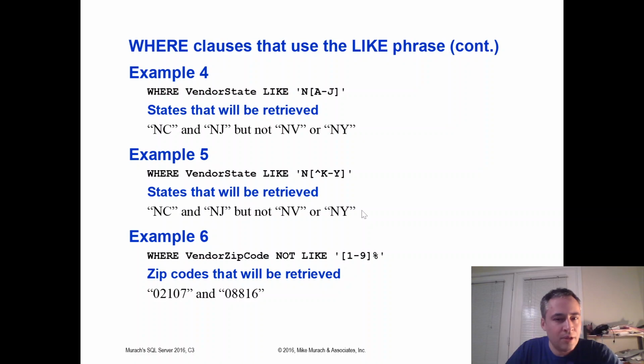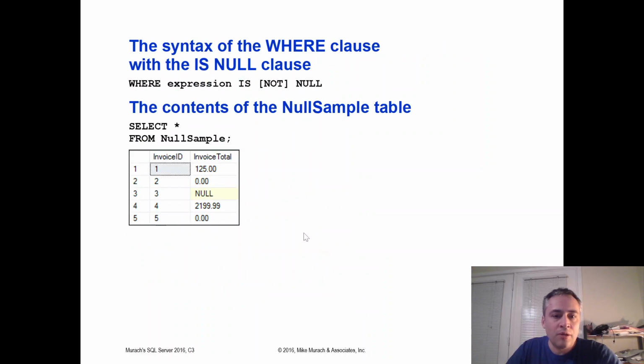However, if there are some small letters, they will not be forbidden. So small k is not forbidden over here. But obviously, if we're thinking about vendor states, there shouldn't be any non-capitalized letters, if our data is well cleaned, that is. Here is an example of the table. The above SQL statement only serves to show what the table is, because it retrieves everything from it.